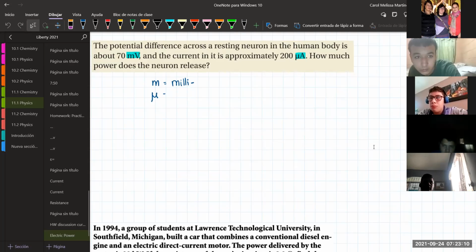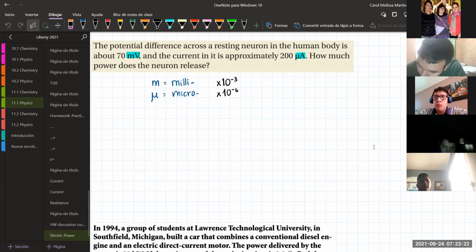Milli is times 10 to the negative third power, and micro is times 10 to the negative 6th power. Keep this in mind, do not forget. You can find this on page 12 of your textbook.